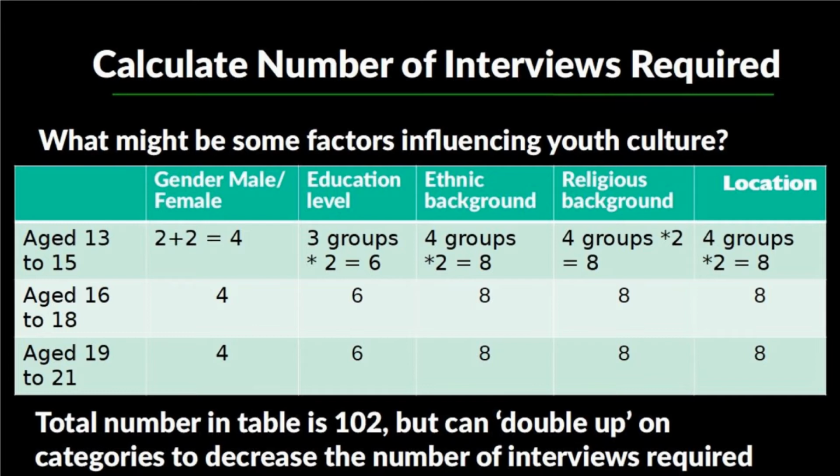You may want to be looking at education levels, those with high levels of formal education and those with lower levels. Ethnic background may be very significant for you. Religious background could be significant. And then what about those living in remote rural areas, for example, or a rural town, large town, suburban, inner city?